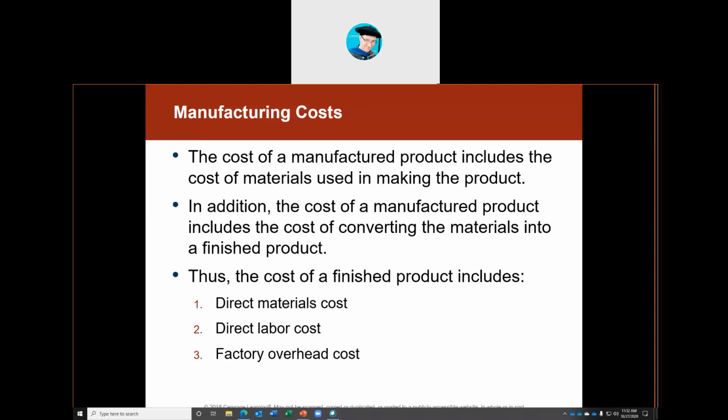The cost of a manufactured product includes the cost of the materials used to make that product. In addition, the cost of the manufactured product includes the cost of converting the materials to a finished product. The costs that make up a finished product include the direct materials, the direct labor, and the factory overhead. Again, direct materials are the raw materials used to create the product. Now, in our example of a guitar, it's the wood, it's the string, it's the metal facets.